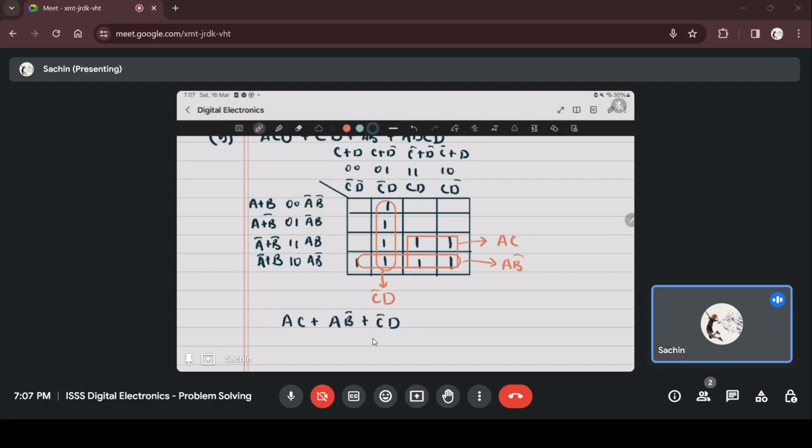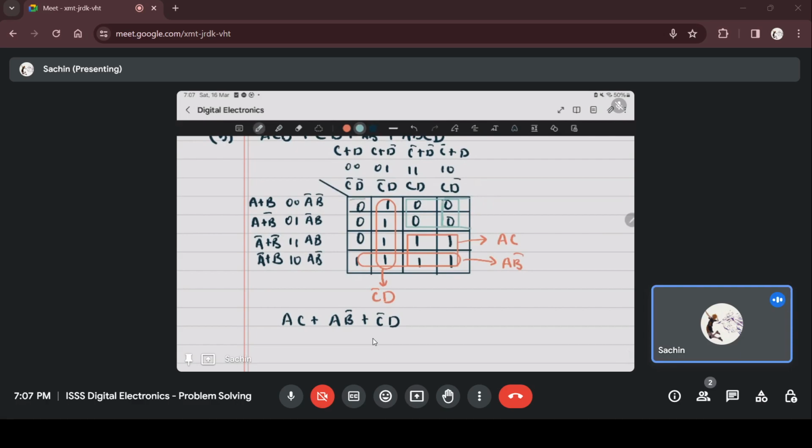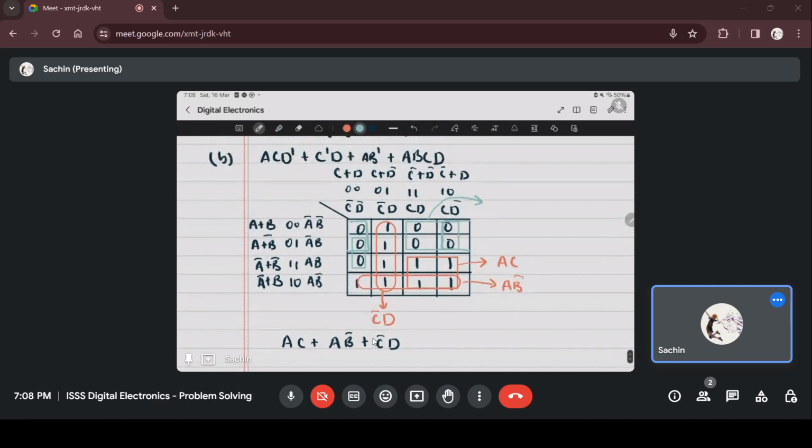To form the product of sums expression, we have to group the zeros. So here these four can form a quad, those four can form a quad, and then there's a pair. This first quad is A plus C bar.